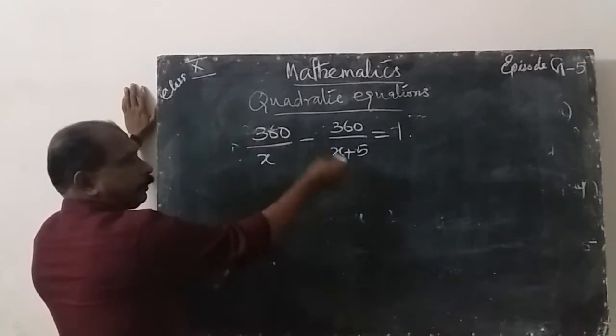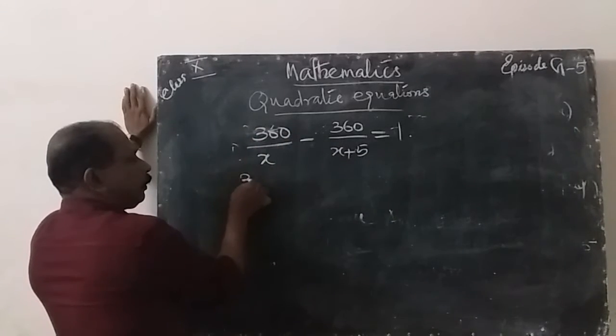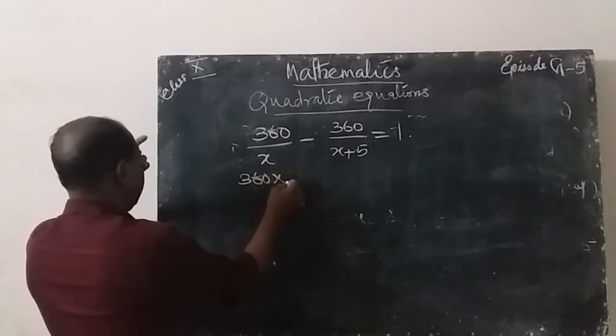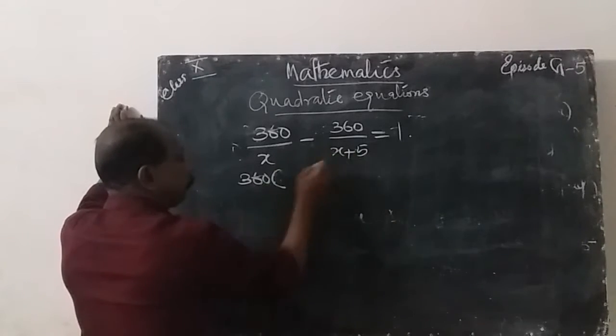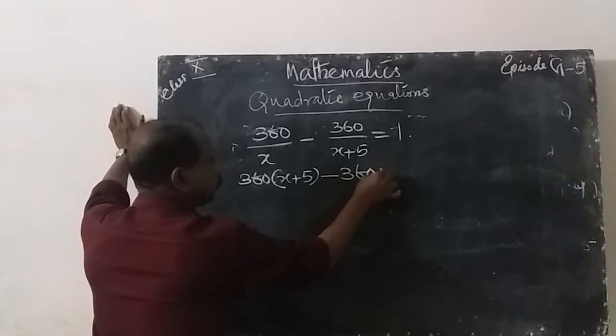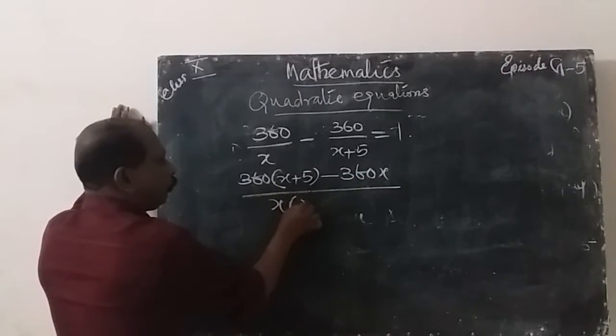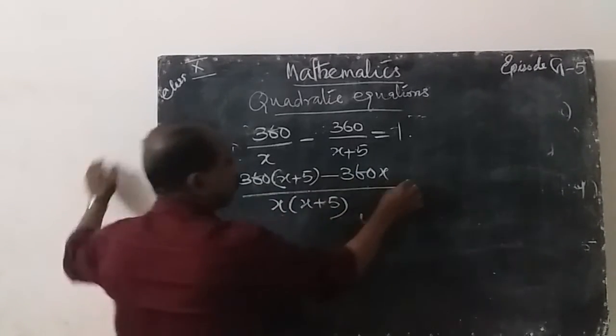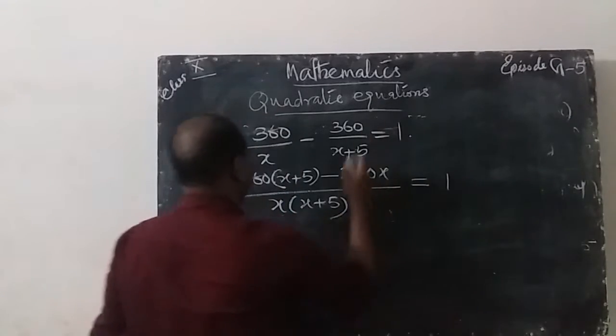Then cross multiplication, we get 360 into x plus 5 minus 360x divided by x into x plus 5 is equal to 1.